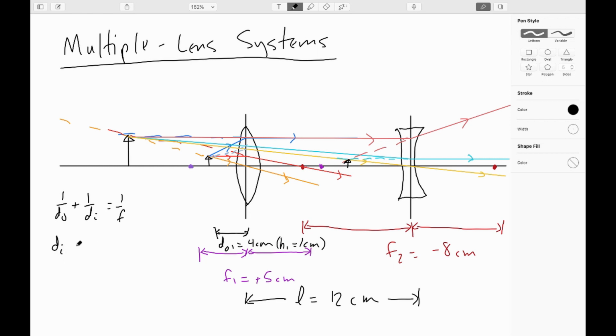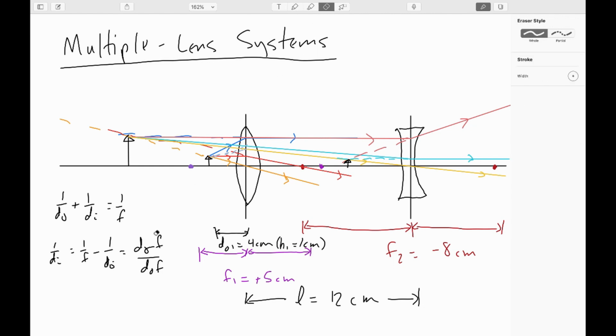And we'll say that 1 over di is equal to 1 over f minus 1 over dO. We'll go ahead and put things on a common denominator and say this is dO minus f over dO f. And then you can flip it.